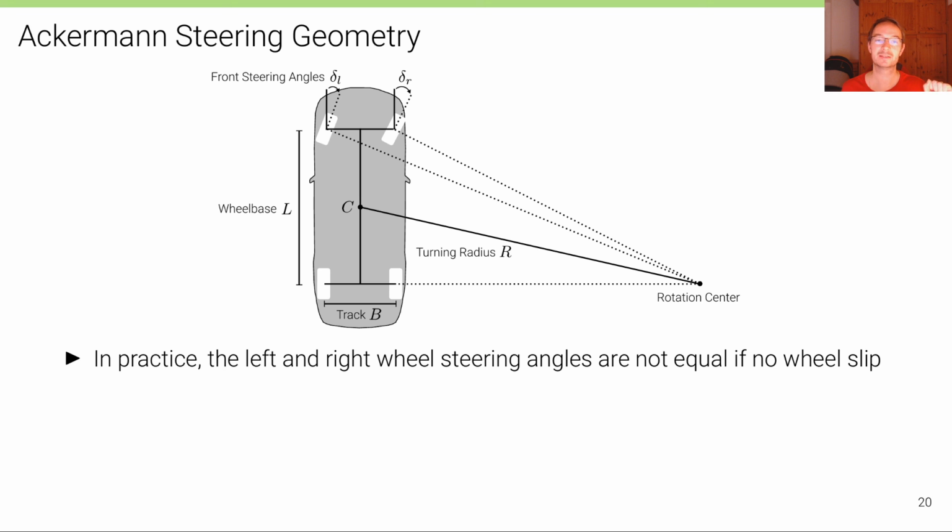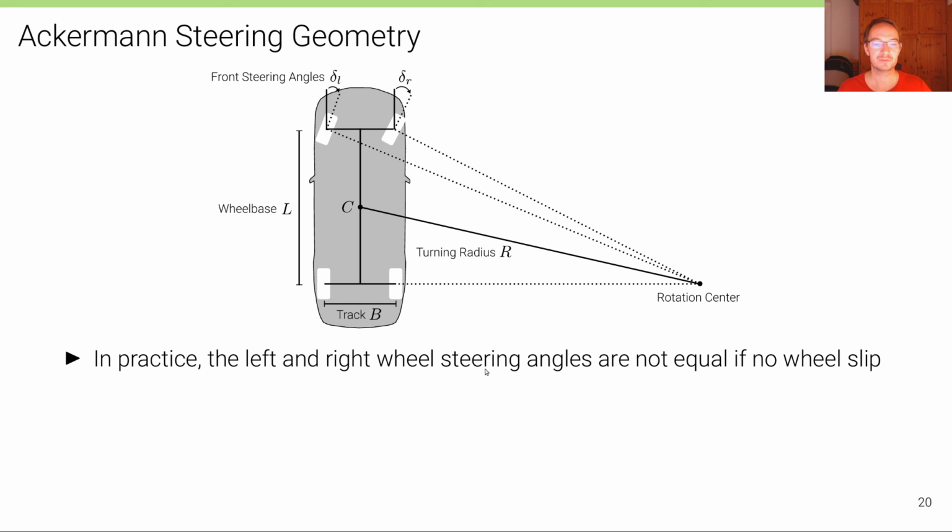And that's why in real vehicles, the front steering angle of the left wheel and the right wheel are never the same. And that's also the reason why there is a so-called differential on the rear axle that makes the two wheels move at different speeds.